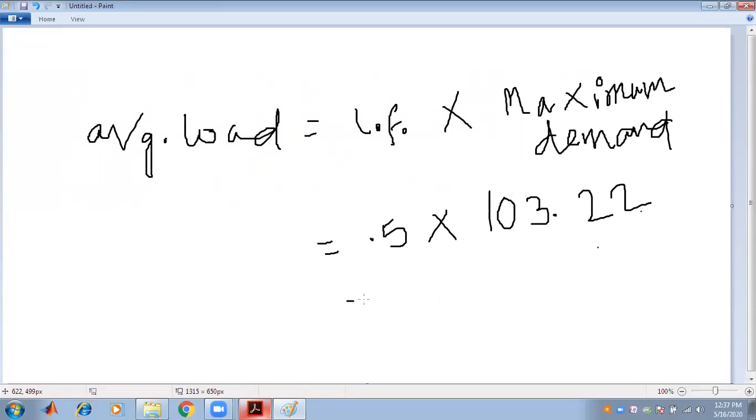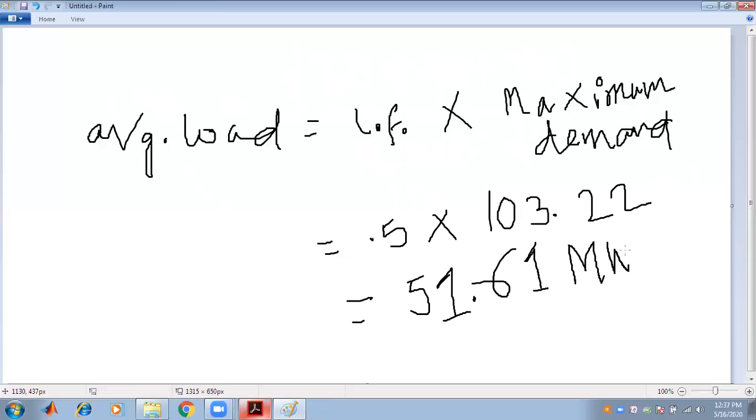So the value is 51.61 megawatt. This is our average load. So the maximum demand and the average load are found by that particular solution.